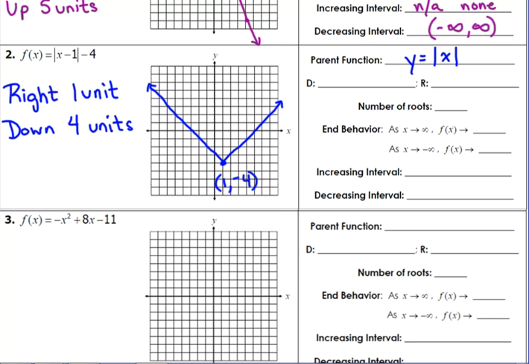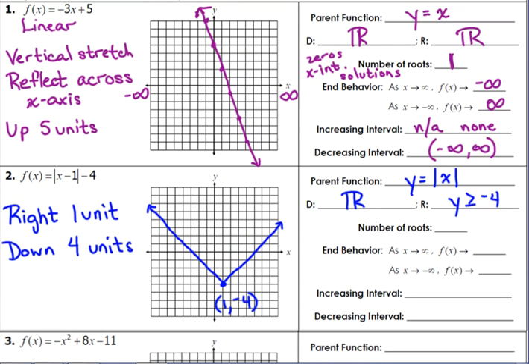All right, so domain of the absolute value function. What did we say that was last week? All real numbers. We can take the absolute value of any number. We can find its distance from 0, so its domain is all real numbers. How about the range? y is greater than or equal to negative 4. When you're trying to determine if your range is all real numbers or if it's not, you got to look at the graph and ask yourself, do I see a minimum or a maximum value?